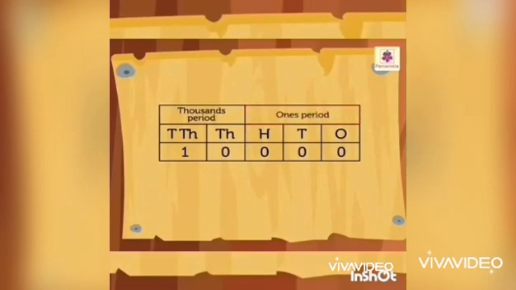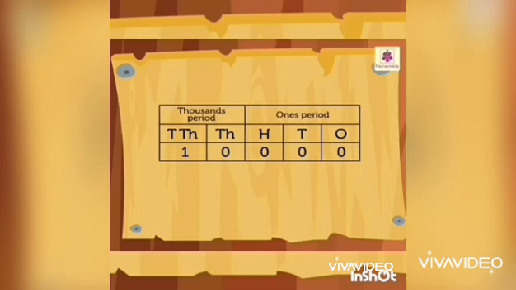5-digit numbers are placed in 2 periods, the ones period and the thousands period. The ones period has 3 places: ones, tens and hundreds. The thousands period has 2 places: thousands and 10,000s. These 2 periods are separated by a comma.